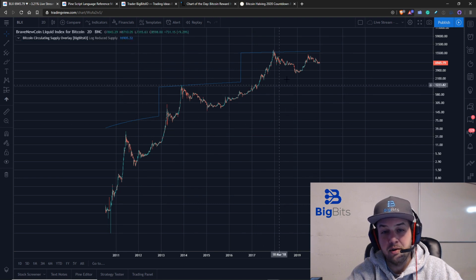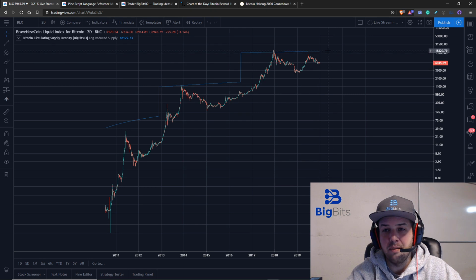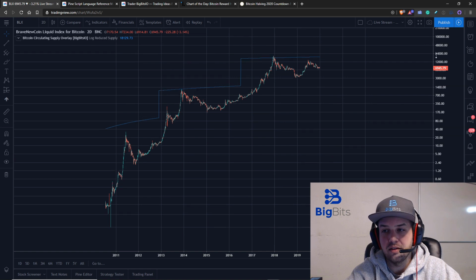And this actually appears to have done a pretty good job of calling the market top during the last couple of cycles. Now, I will let you know, I don't think this is going to work for a long time because the next log reduced supply after the next halving is 182,000. So, somewhere up here.